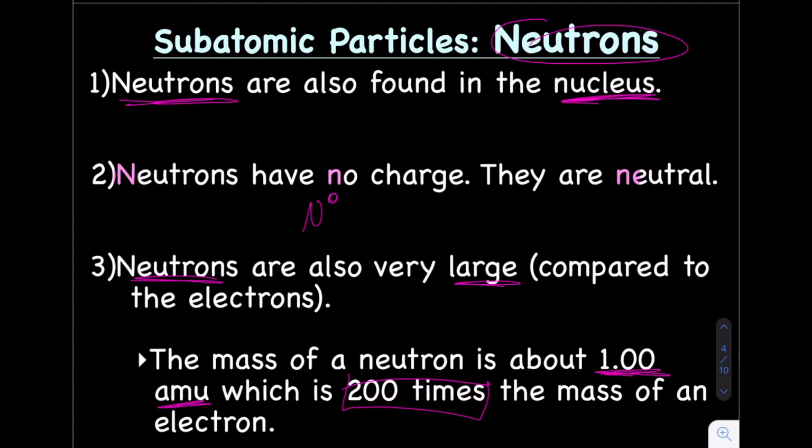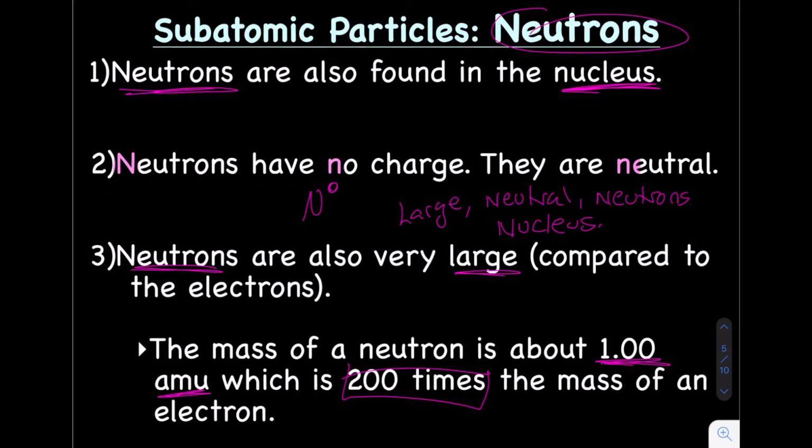All right, so we have large neutral neutrons in the nucleus. So we have large positive protons in the nucleus and large neutral neutrons in the nucleus.